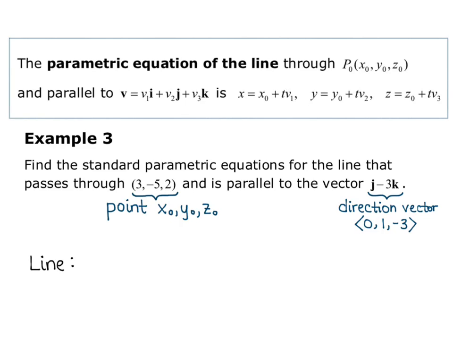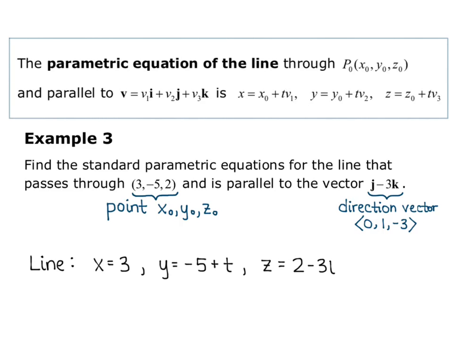So now the equation of my line is going to be x equals 3, because it's like 3 plus 0t. Y equals negative 5 plus t, because I have y0 equal to negative 5 and the j component equal to 1j.